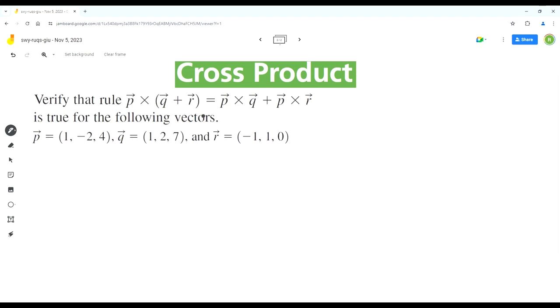So we'll find the result of the expression P cross parentheses Q plus R. The first step is to add the vectors in the parentheses. So we'll find the sum of vectors Q and R. So we'll add the given vectors.